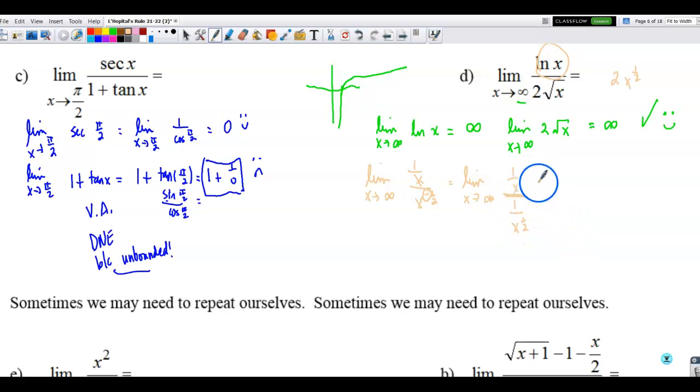I can multiply by the reciprocal, so that becomes x to the 1/2 over 1, just multiplying by the reciprocal to clean the fraction up. I can rewrite that to be the limit as x goes to infinity. So I have x to the 1/2 power in the numerator and x to the first power in the denominator, which becomes 1 over x to the 1/2 power.